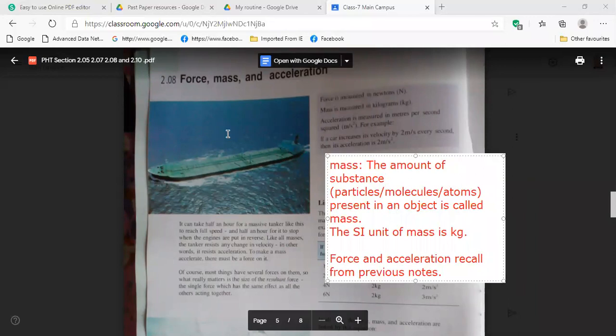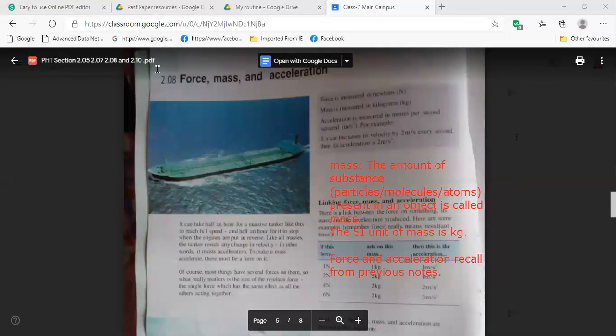So what I said, if we apply force on any object, then the object is accelerating towards the direction of force. I am giving an example here.